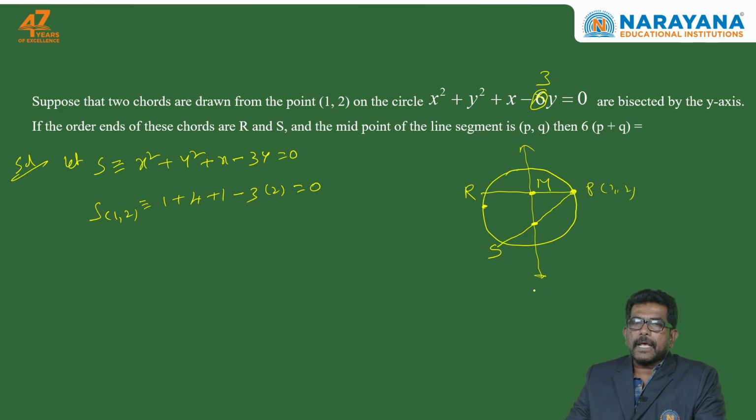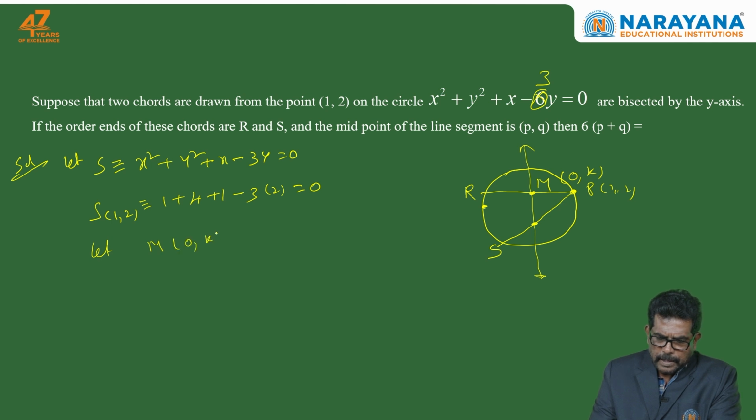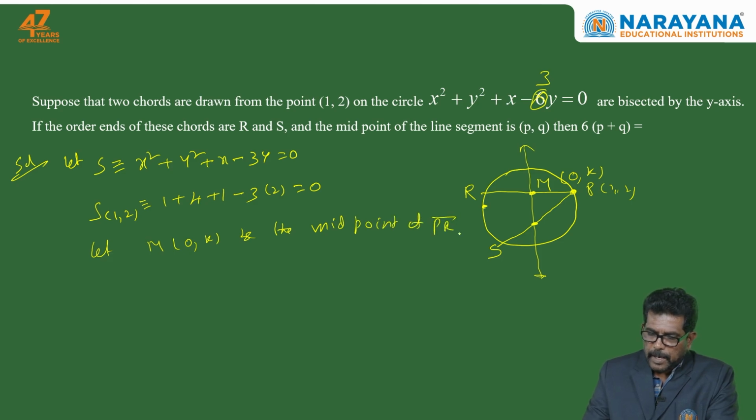If the midpoint lies on the y-axis, then the x coordinate is, you know, 0, and the y coordinate we don't know. Y coordinate I am taking as k. That is, let M (0, k) be the midpoint of PR bar.